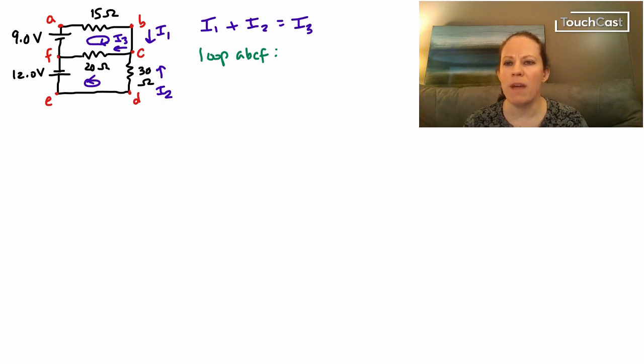So following my loop ABCF, I can see I've got one battery, so one potential rise, two resistors, so two potential drops, and I'll remember that I can find the potential drop across a resistor with Ohm's law. Voltage equals current times resistance, V equals IR. So we'll start with our 9-volt potential rise, and then I'm going to have I1 flowing through my 15 ohm resistor, and I'm going to have I3 flowing through my 20 ohm resistor.